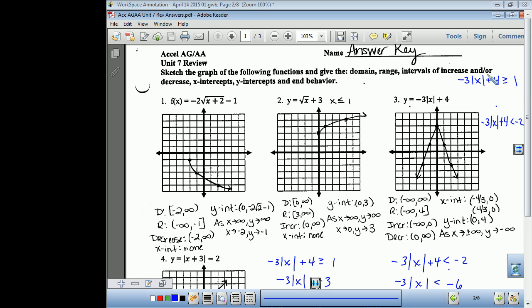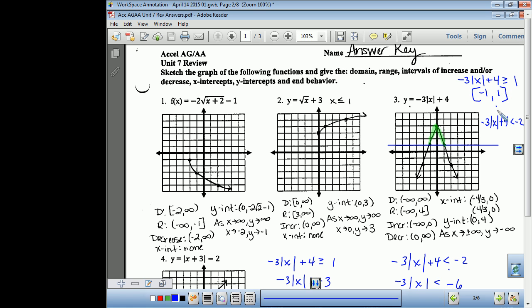Here's the function. We want to know where it's greater than or equal to positive 1. So here's positive 1. Where is it above that line? It is greater than or equal to positive 1 from here to here. That's where it's above that line. So that would be over the interval from negative 1 to positive 1.